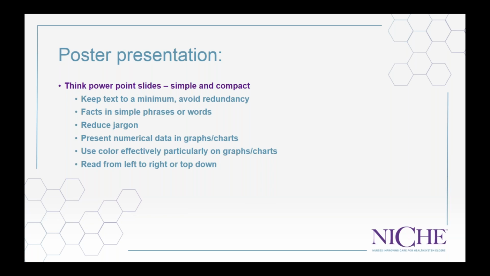If you previously had 20 falls a month and you now have 10 falls a month, you want that bar graph or that chart to be bright and colorful so that people can see that visual difference very quickly. Your poster presentation should either read from left to right or from top to bottom. And we will show you some examples of what good poster presentations look like.